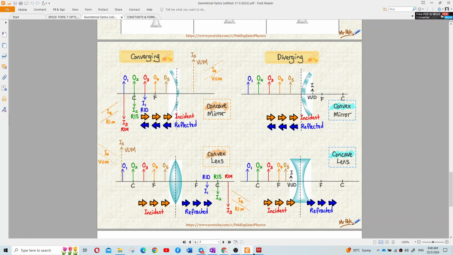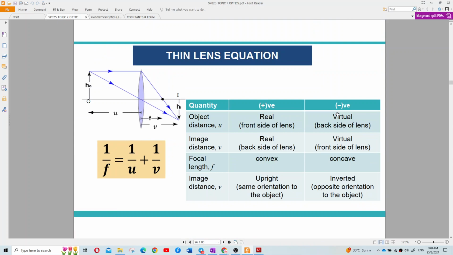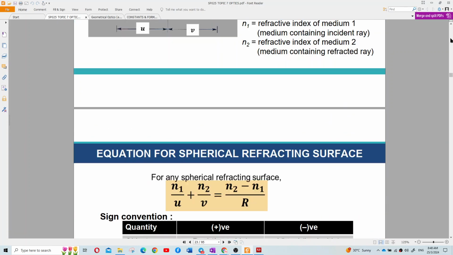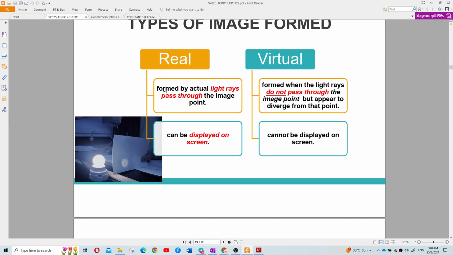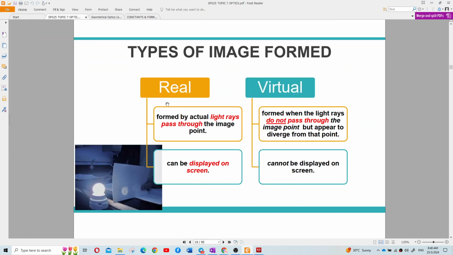Yeah, remember the difference between real and virtual image? Let's go back a bit. What's the difference between real image and virtual image? Real image can display on screen, like the PowerPoint you see in your lecture hall, or the real image you see when you watch in a cinema.